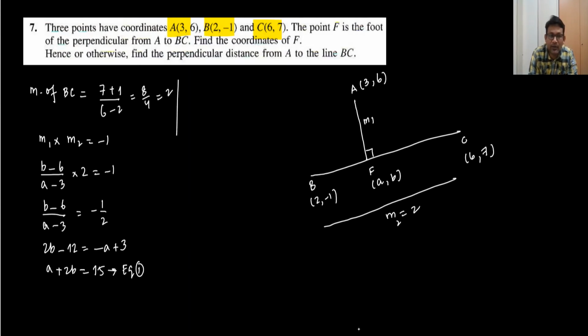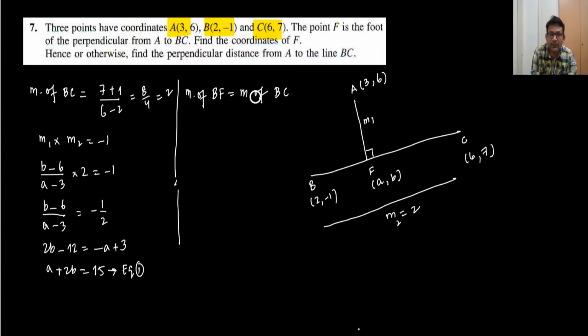Okay, equation 1 is there. Now we need the next equation, and we can get it from the gradient of BF, because we have to take a known value. The gradient of BF is equal to the gradient of BC.